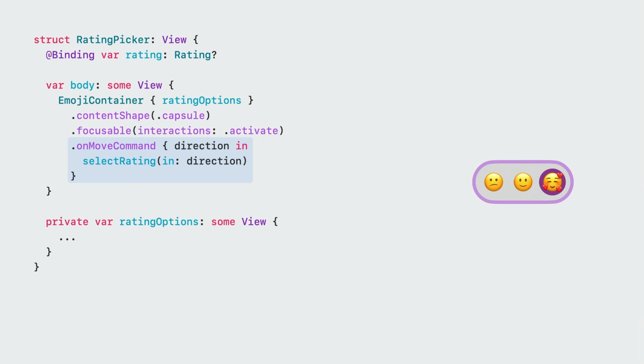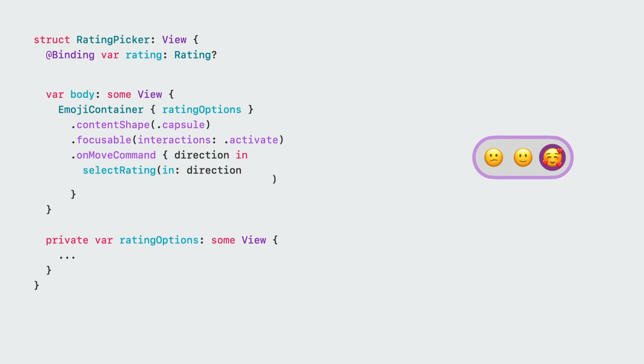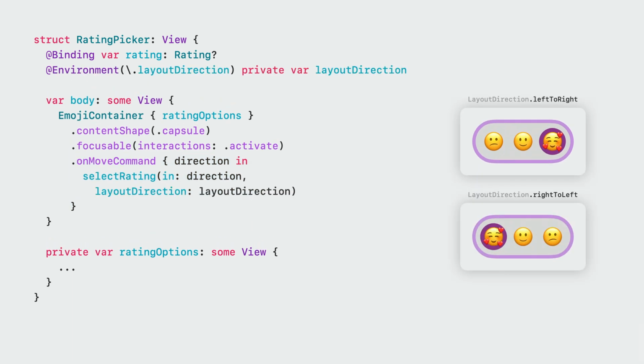The system calls the action with the direction of movement. So I'll move the rating selection left or right based on that. Control content should flip horizontally for folks using a right-to-left language like Arabic or Hebrew. Make sure your command action uses the environment's layout direction to account for this.